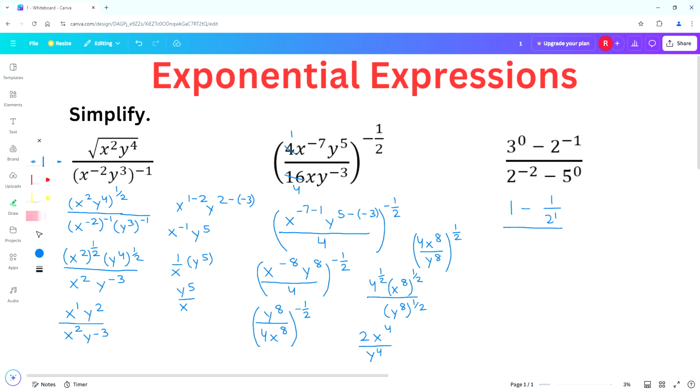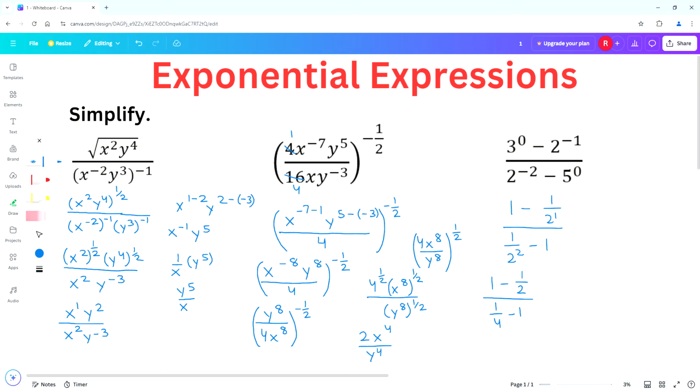We can do the same with the 2 in the denominator. We should move 2 to the denominator. And 5 to the power 0 is equal to 1. 2 squared is equal to 4.